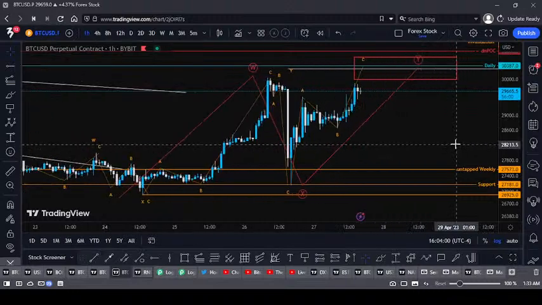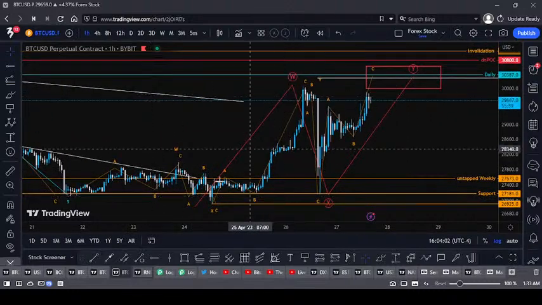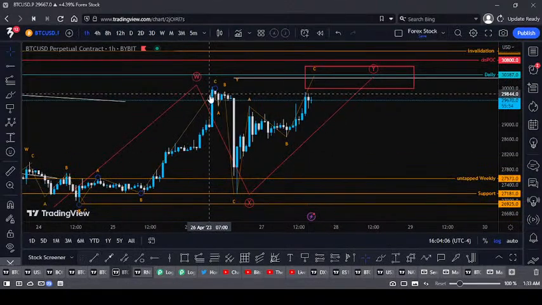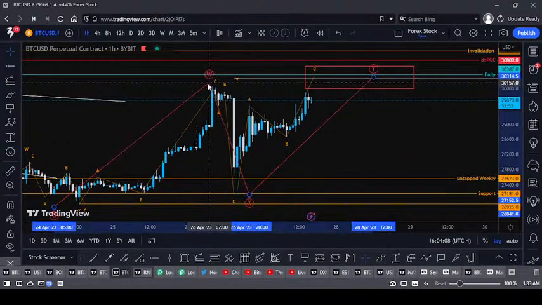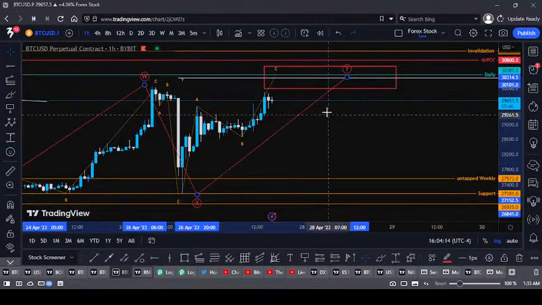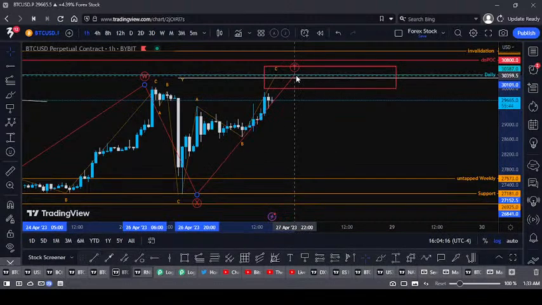How are we going to validate this? W consists of WXY, which is valid, and then you can see the X wave from this point. So the three wave structure, sorry, ABC, is also valid.